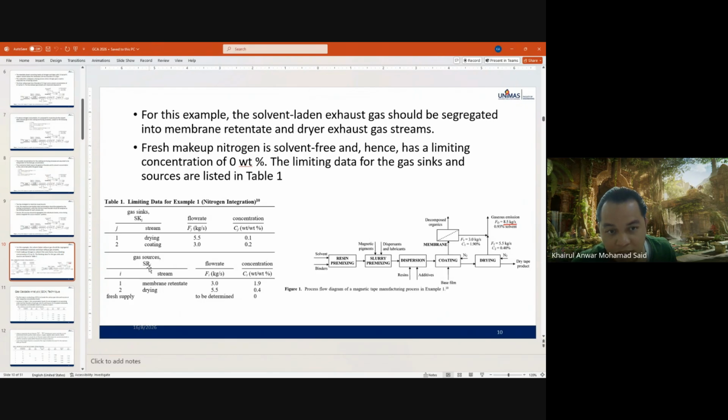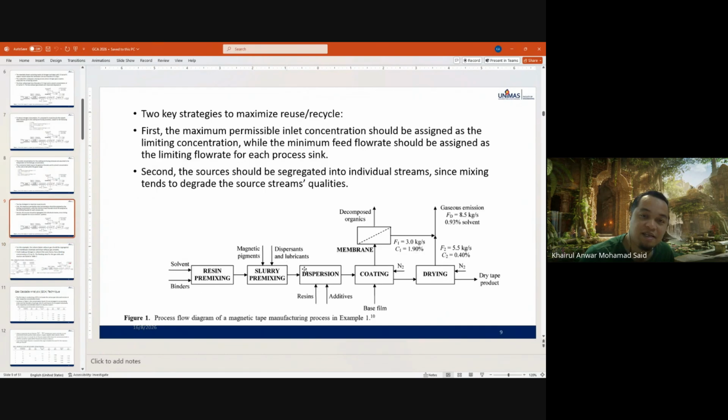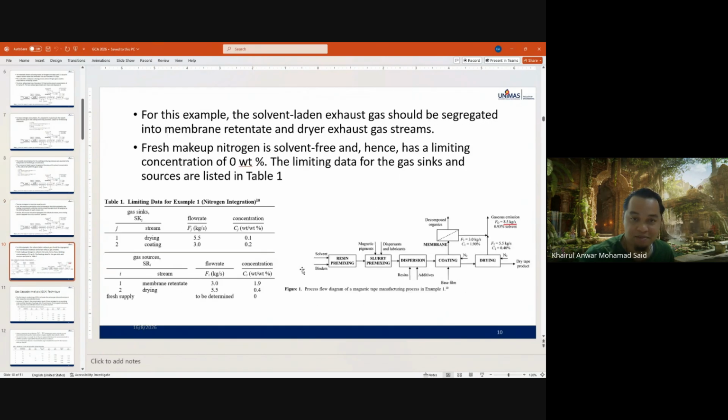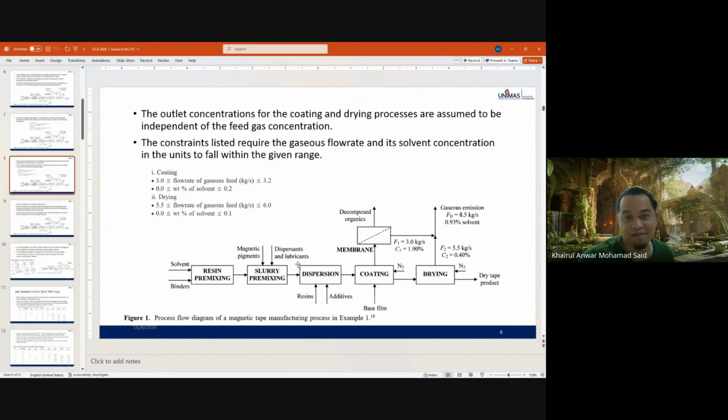So meaning the nitrogen going into the system is not pure. You can have it, but it must be pure, but they are tolerant.